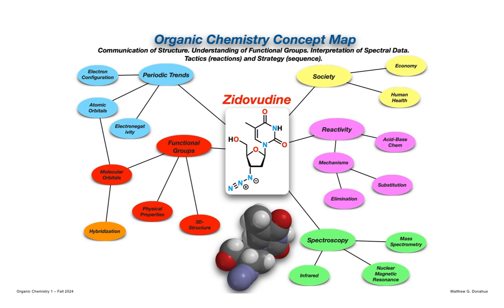But so the molecule is a collection of atoms with bonds and specific patterns that give it this therapeutic indication of helping people with HIV and AIDS. So organic chemistry is directly tied to society through helping human health amongst other areas. And these things are made by pharmaceutical companies, so that impacts the economy.